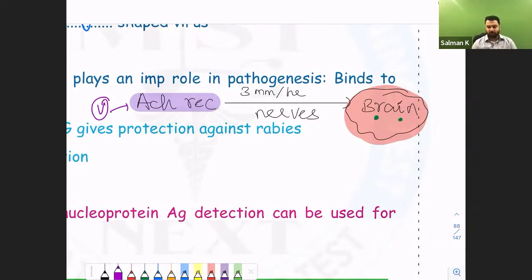And from here, at a fixed speed of 3 mm per hour, the main target is the brain. So slowly the virus is going to reach the brain through the nerves. And this is known as retrograde transport. Retrograde axonal transport, that's the word you should all be familiar with here. Okay, so that's about this.